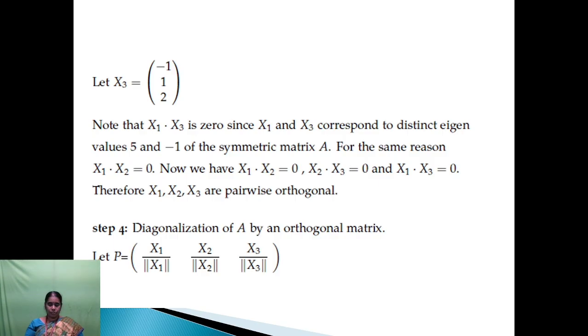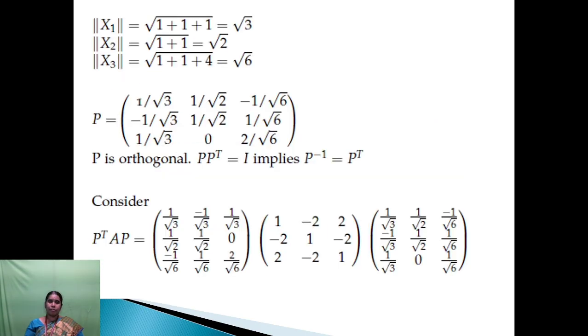Now I am going to find the diagonal matrix. In order to find P, let us calculate x1 by mod x1, x2 by mod x2, x3 by mod x3. Thus, the modulus of x1, x2, x3 takes the values root 3, root 2 and root 6.